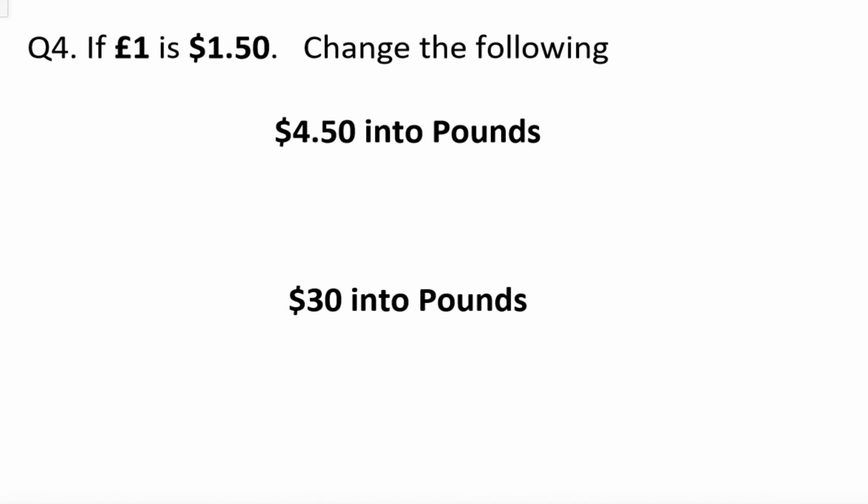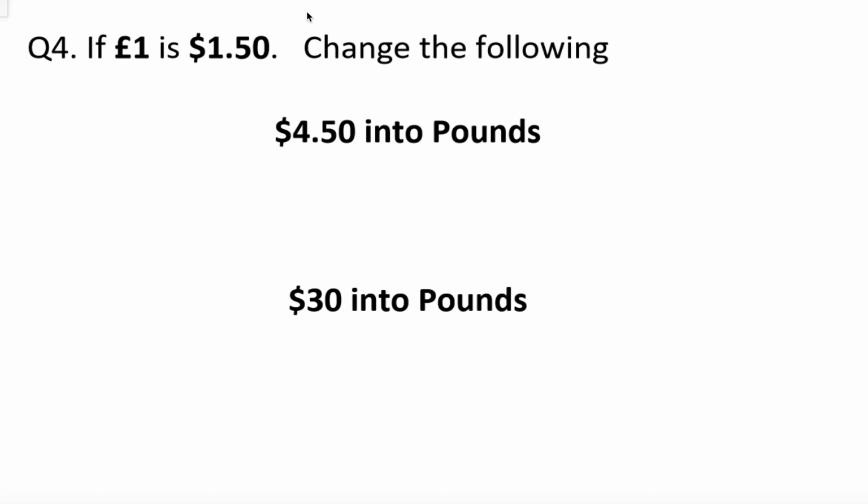Now, again, it's the same sort of question, but this time we want to turn the dollars back into pounds. So if we've been to America on our holidays and we've spent our money, we've got a little bit of money left, we've come back, we want it turned back into sterling or pounds. And again, the exchange rate is £1 is equal to $1.5.